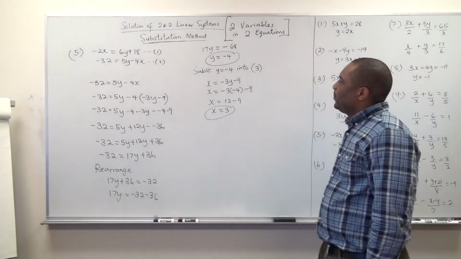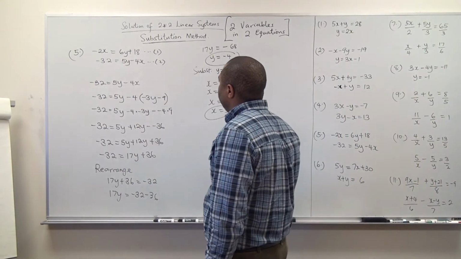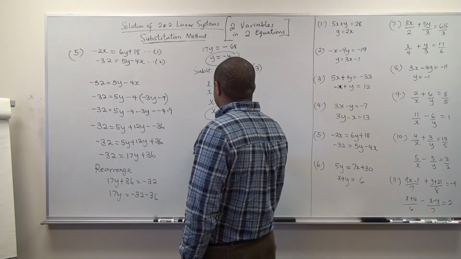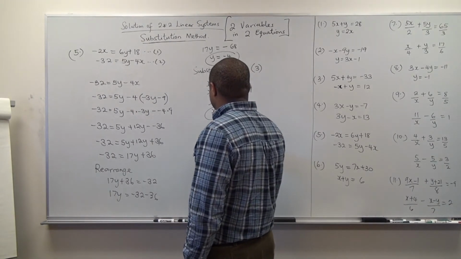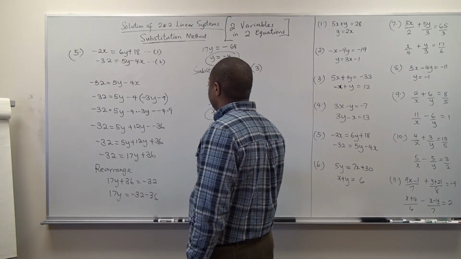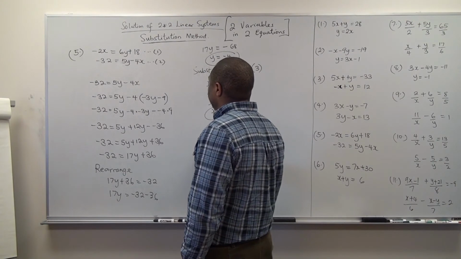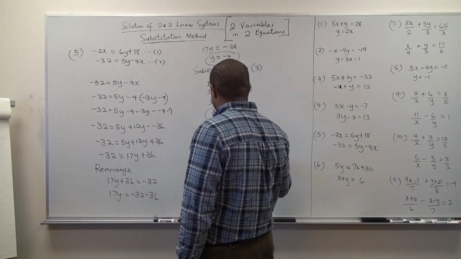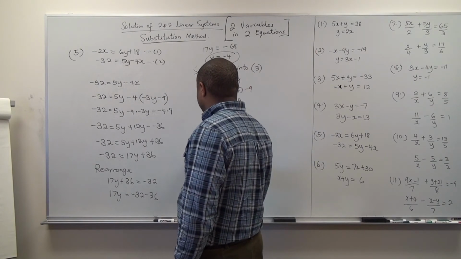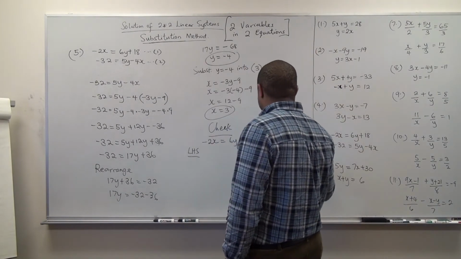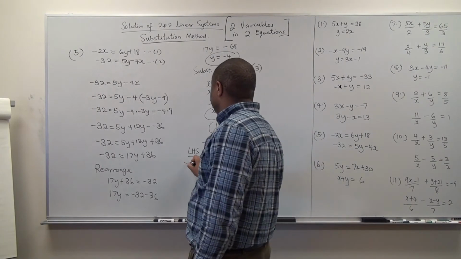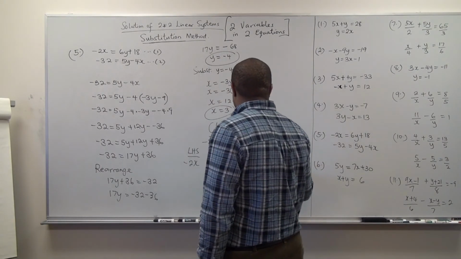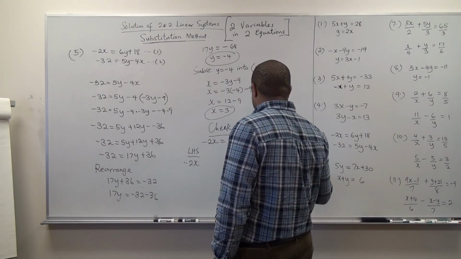All right. We now check. That's the next thing, to check to make sure that our equations are correct. So for the first equation, this is negative 2x equal to 6y plus 18. Left hand side, right hand side. This is negative 2x. This is 6y plus 18.